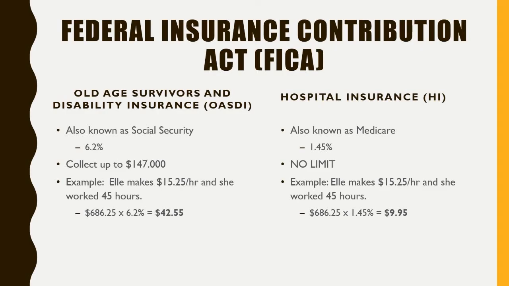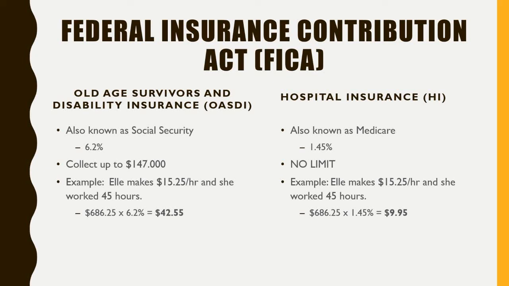What is FICA? We talked about the Federal Insurance Contribution Act. This is your Social Security and your Medicare. When we talk about Social Security and Medicare, it is a federal requirement that if you work for any type of company, you are required to put in a portion of the money for your Social Security and your Medicare.